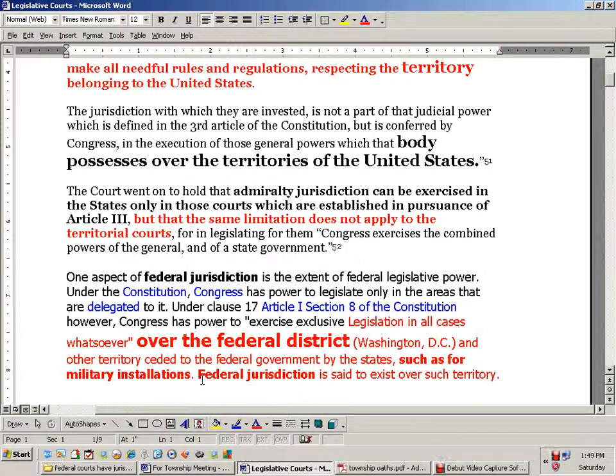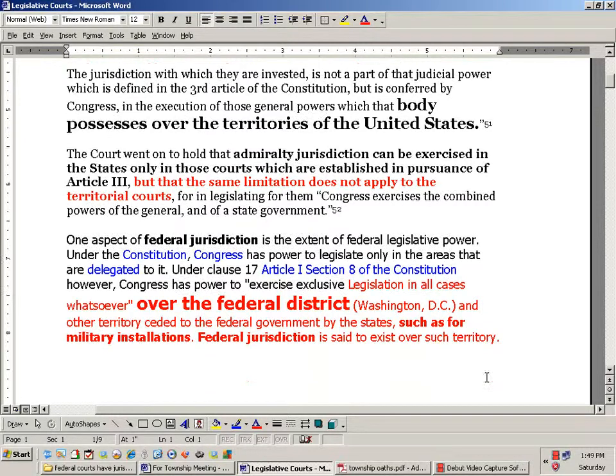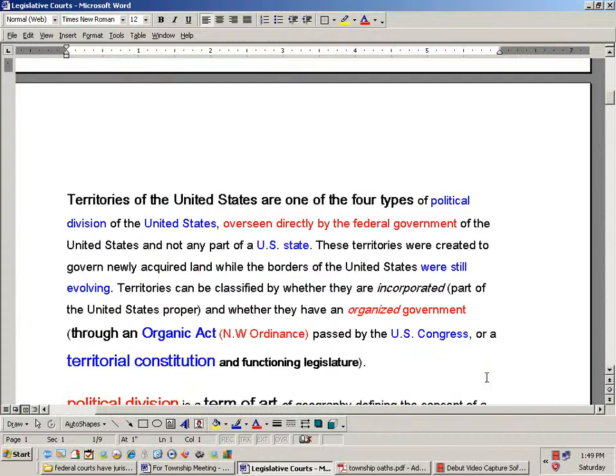So I'm ceding mine over to the federal government to be an embassy. Federal jurisdiction is said to exist over such territory. Excellent. I'm under federal jurisdiction.